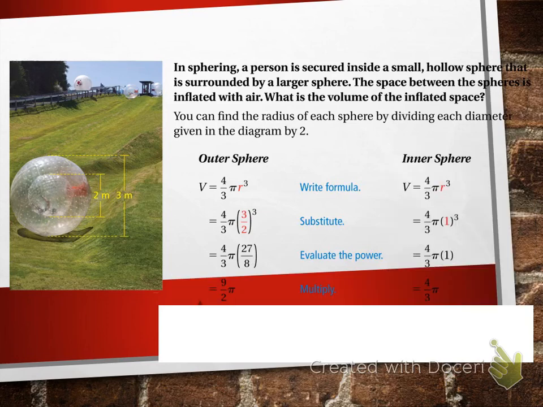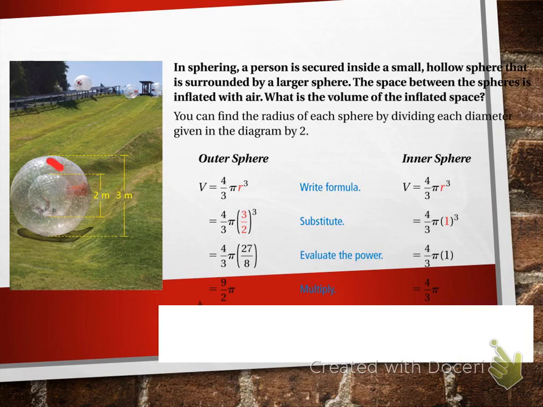Now when we do the multiply, we end up with 9/2 pi. Now for the inner circle, we do the same thing, only the radius ends up being 1, so 1 cubed is still just 1. So we end up with 4/3 pi for the inside circle.